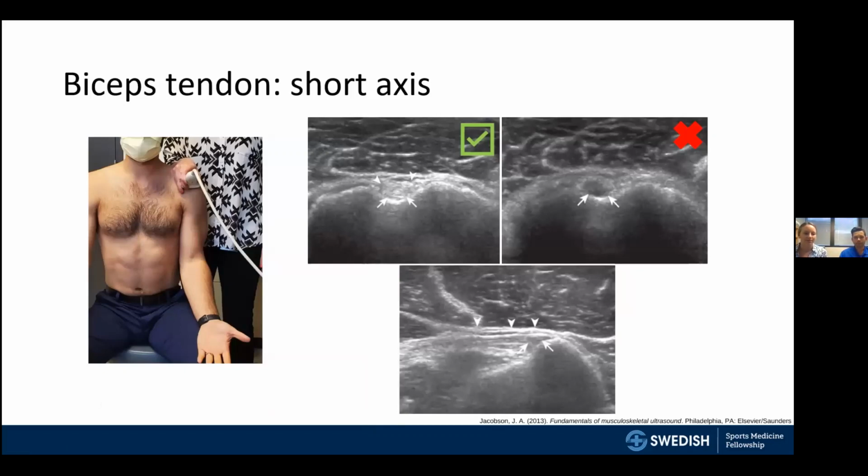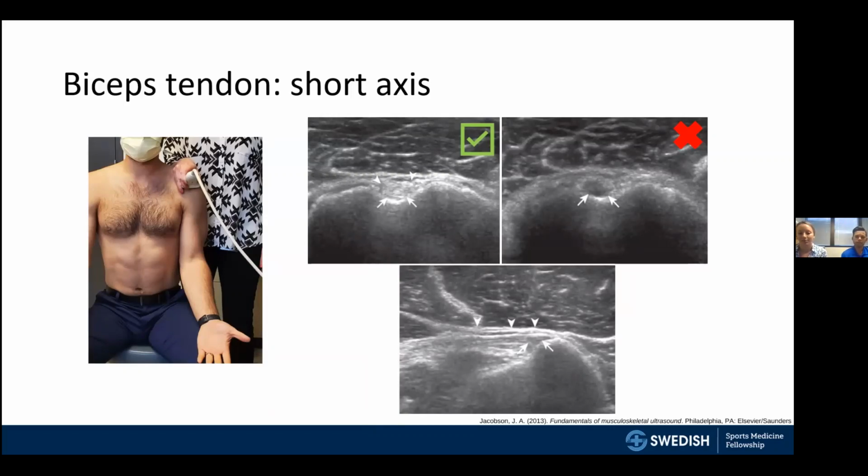So we have the patient positioned on the stool, like I mentioned, palm up, palm supinated. And we start with the biceps tendon in short axis as our home base. We really try to wag the tail of our transducer to get that biceps tendon nice and hyperechoic in that bicipital groove. So the green check mark is obviously the optimal image, and the red X would be an image that's affected by anisotropy.